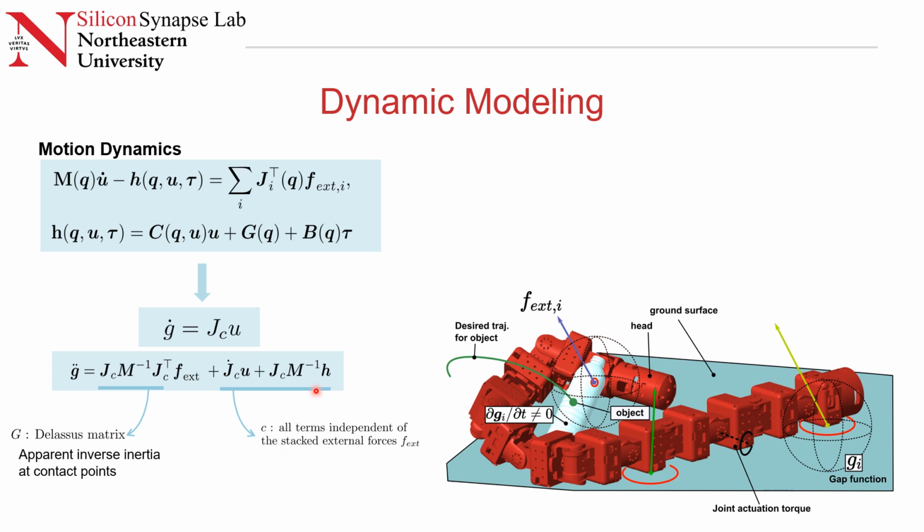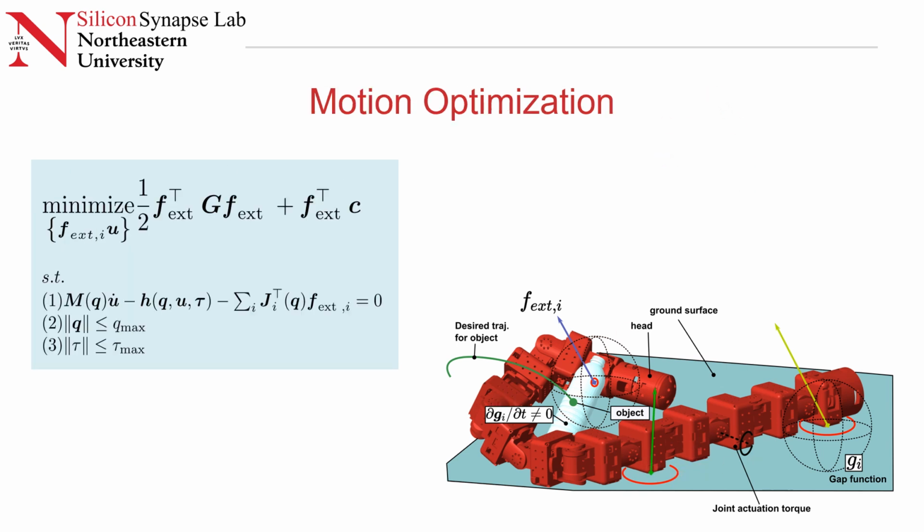And C is the terms that are independent of the external forces. So from this, we can write this optimization problem that minimizes the total external forces subject to the constraints of the robot dynamics and the joint position and torque limits.